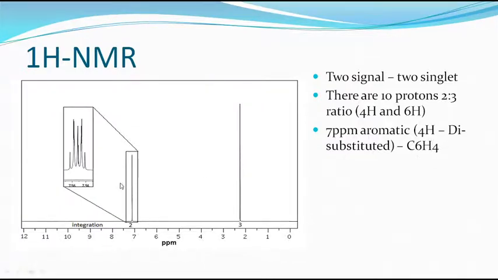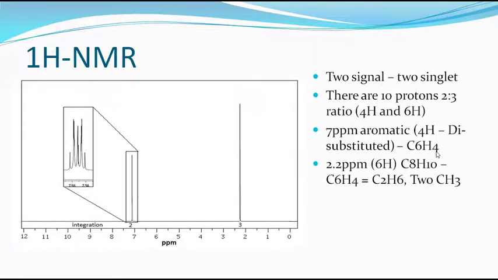When there are 4 hydrogens in the aromatic region, it is a disubstituted ring, so C6H4. If you subtract C6H4 from C8H10, C2H6 remains. Since it is disubstituted, we cannot substitute one C2H6, and therefore we consider 2 CH3 groups.